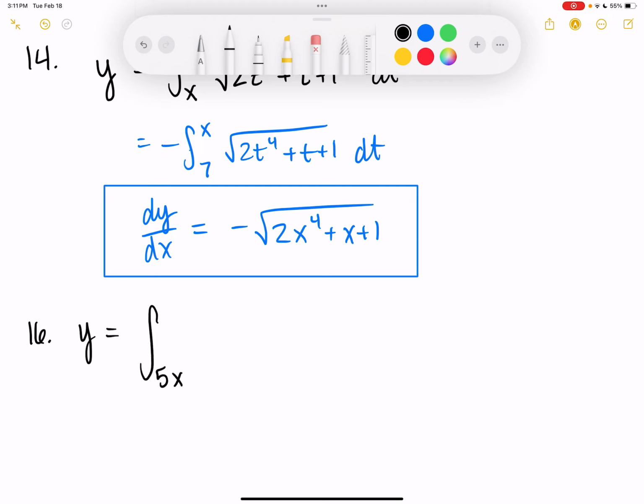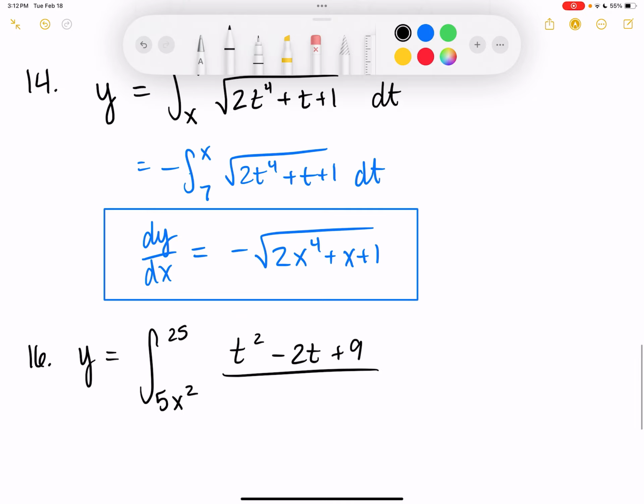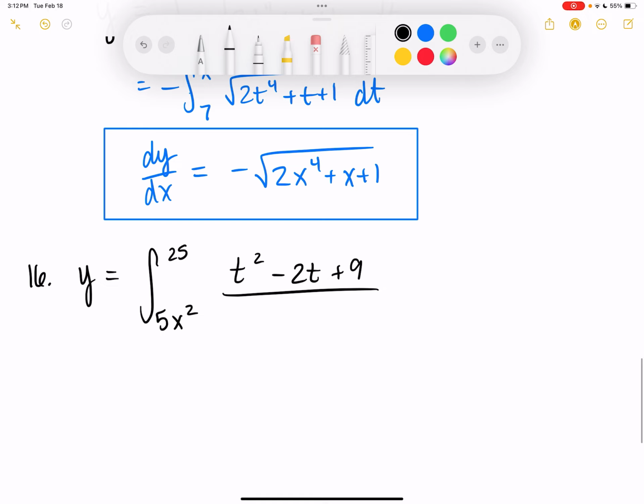y equals the integral from 5x squared to 25 of (t squared minus 2t plus 9) over (t cubed plus 6) dt.